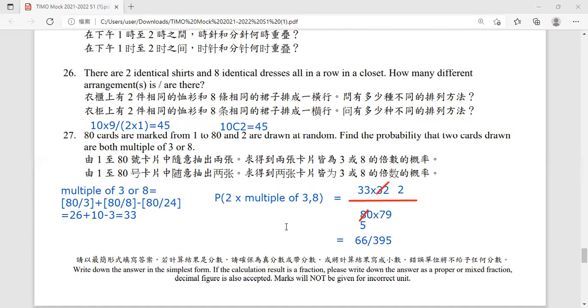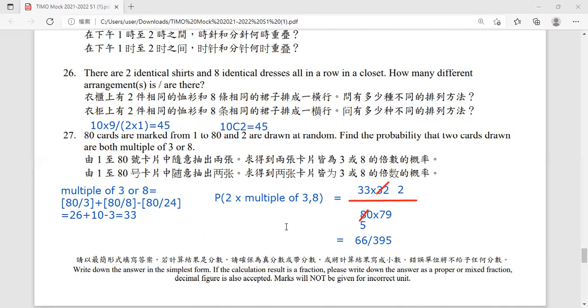Any questions? Now, if you don't understand why I have the times set, there are only 33 cards that fulfill the requirement. There are a total of 80 cards. So for the first card drawn, the probability will be 33 out of 80.